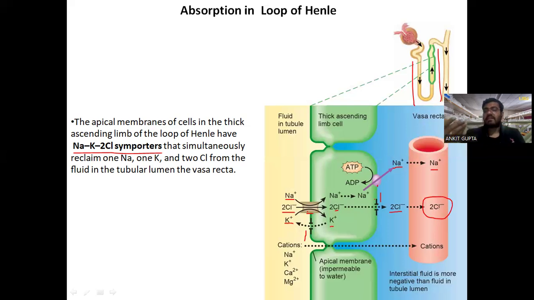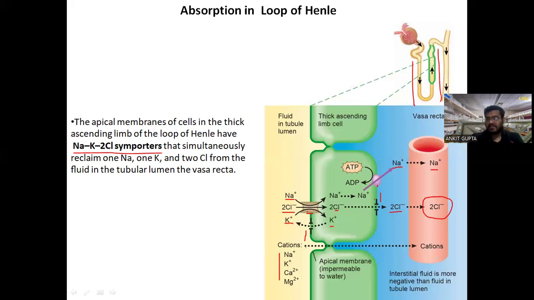So one positive charge, two negative charges. Because of this, there is a net negative charge build up inside the blood. This net negative charge promotes the reabsorption of other positive charge ions like sodium, potassium, and magnesium. Their reabsorption is through a paracellular mechanism.